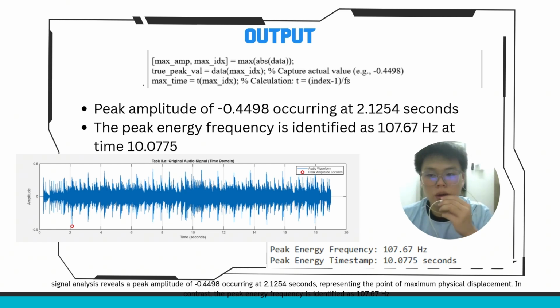In this case, the peak amplitude is negative 0.4498, which is located in the negative half cycle, and the time it happens is 2.12 seconds. After that, we have the peak energy frequency, which happens at 107.67 hertz at time 10 seconds. So this is our value.